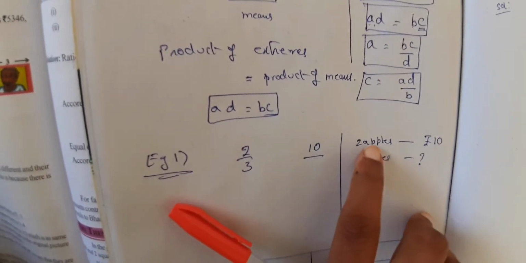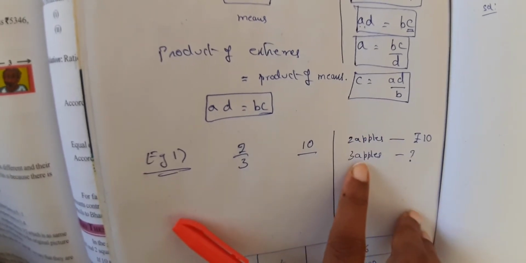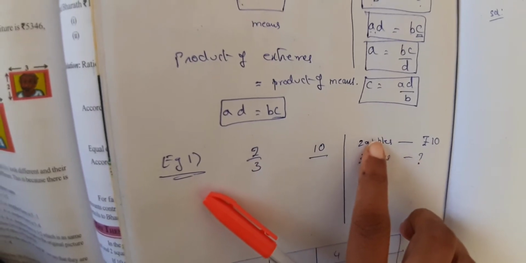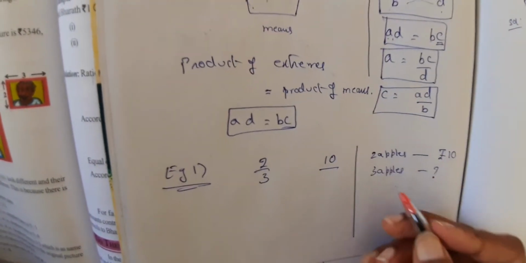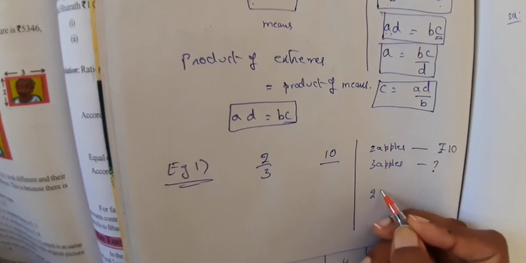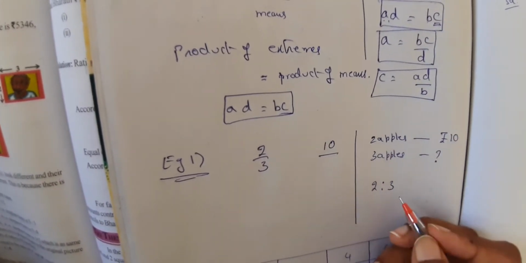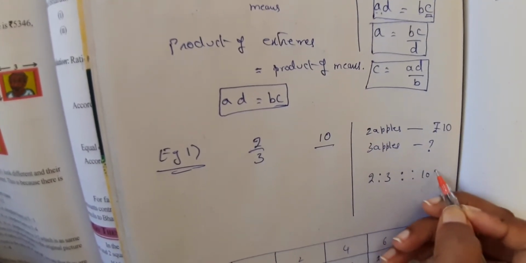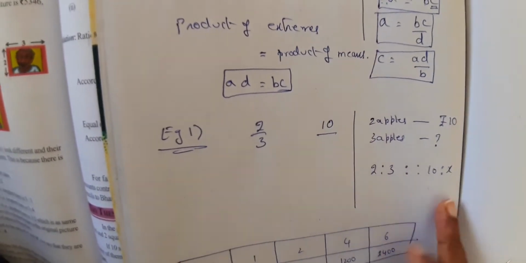So here you have to take apples to apples, money to money. So if 2 apples cost 10 rupees, how are 2 and 3 apples related to each other? 2 is to 3 as 10 is to x.